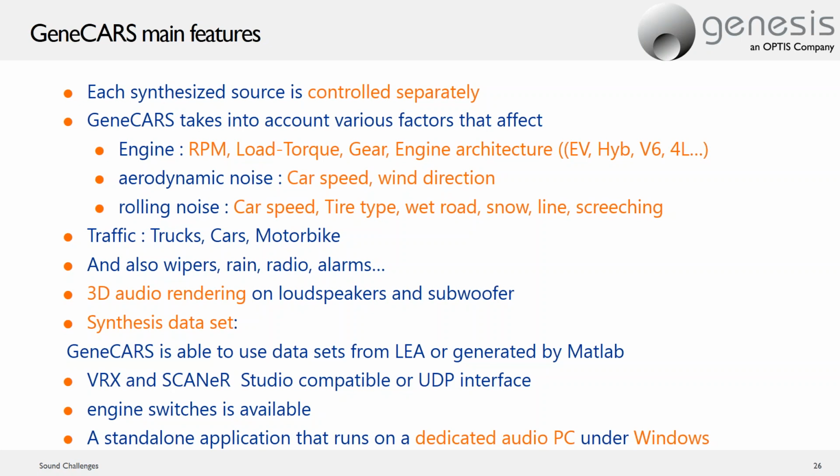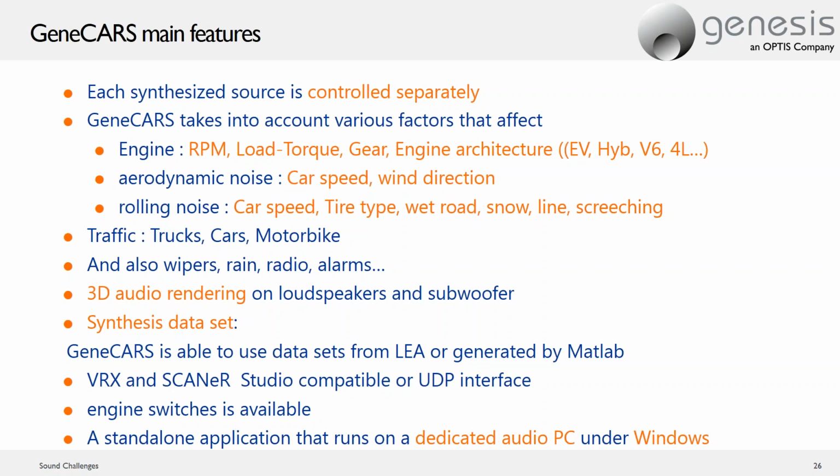We can control each of our synthesized sources separately inside of Genicars. So we can take into account RPM, engine architecture, aerodynamics, car speed, tire speed as well, including some different environments such as a wet road versus a dry road.